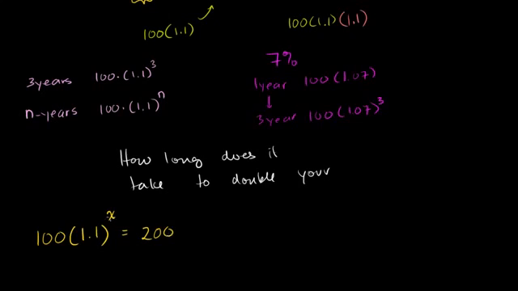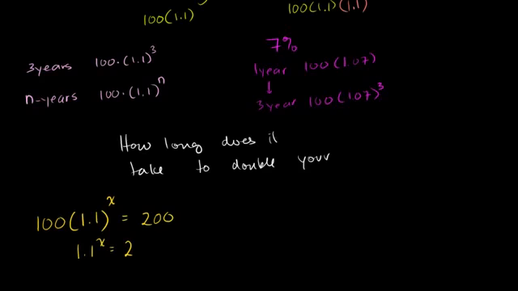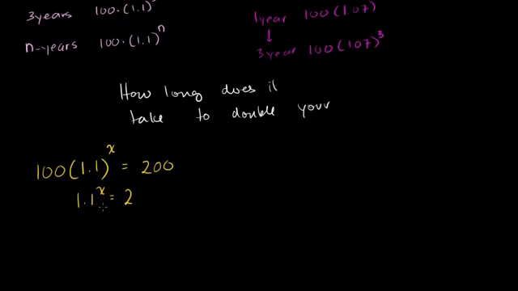And now I'm going to have to solve for x, and I'm going to have to do some logarithms here. You can divide both sides by 100. You get 1.1 to the x is equal to 2. And then you could take the logarithm of both sides, base 1.1, and you get x.